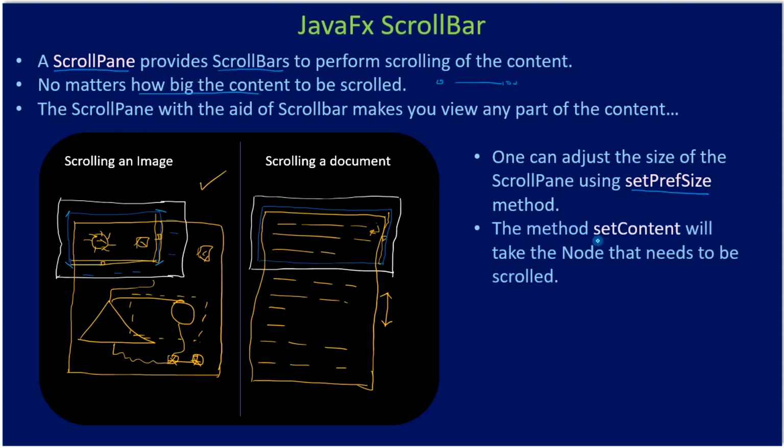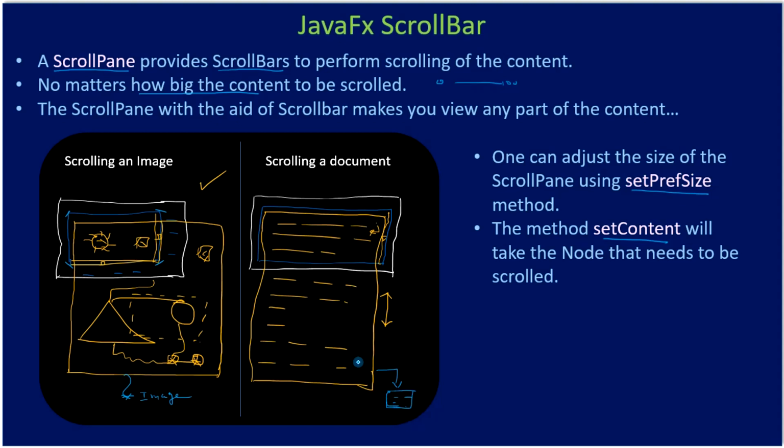The method setContent will take the node that needs to be scrolled. So here if you see, the node will be an image, and here the node will be any text document, text area, whatever it is, or it can be even some other container or layout manager which houses a lot of other controls.